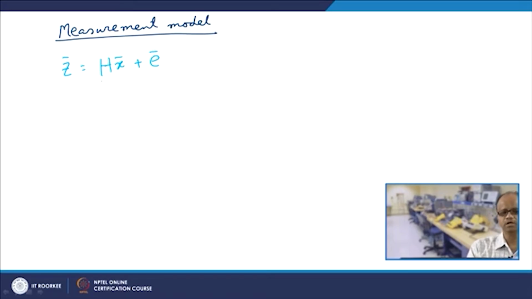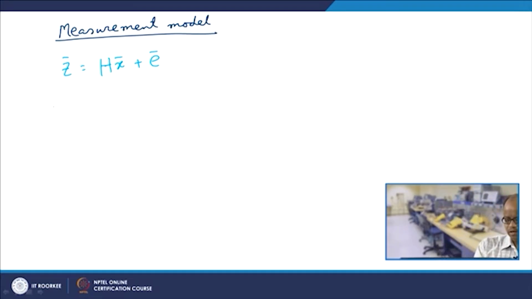Now, to start our state estimation algorithm we have to know what this matrix H is. This matrix H can be computed from the circuit analysis of the given circuit.